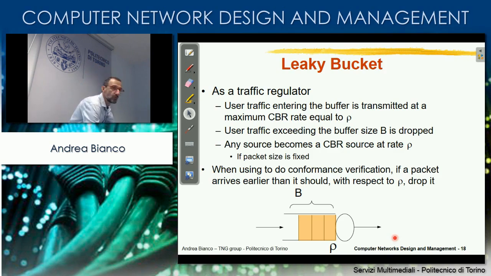So you may generate the traffic as you wish. Of course, the long-term rate should be equal at most to rho, otherwise you will saturate this buffer and start discarding packets. But even if you do that, it's not a problem. But at the output of this regulator, any traffic generated by the user is transformed in a CBR source at rate rho. Okay?